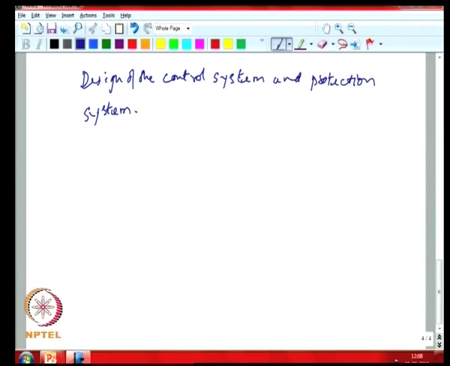So, when things are going bad, you should be able to safely shut down. You should not depend on your control being right to protect yourself. Okay.